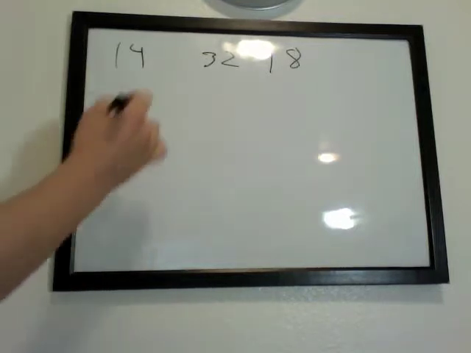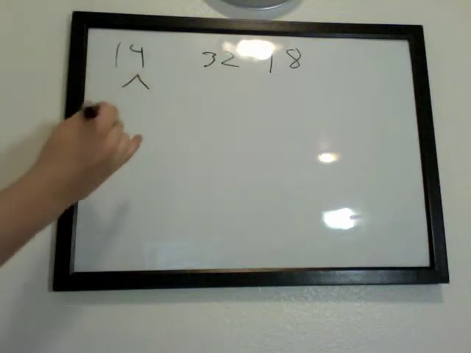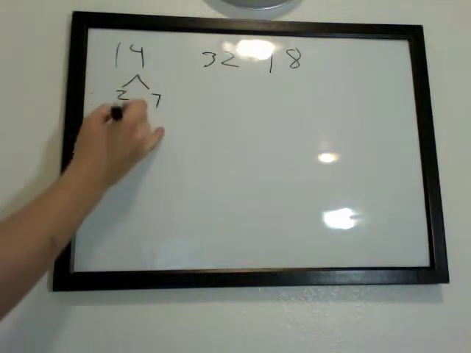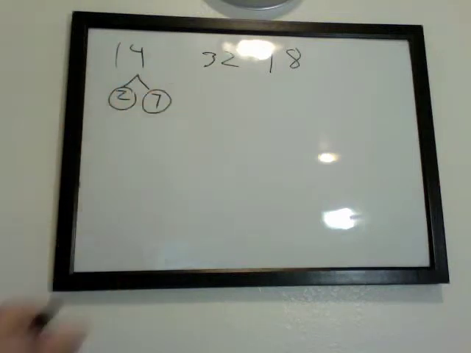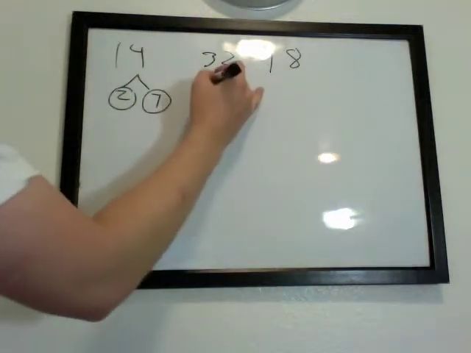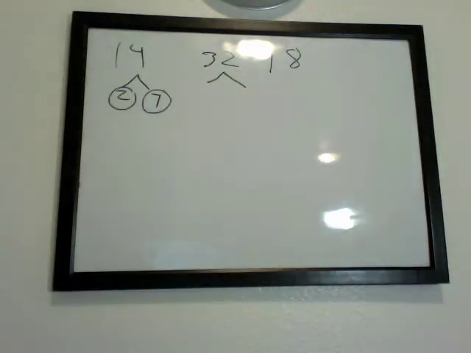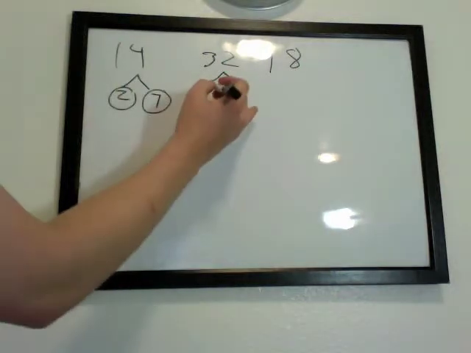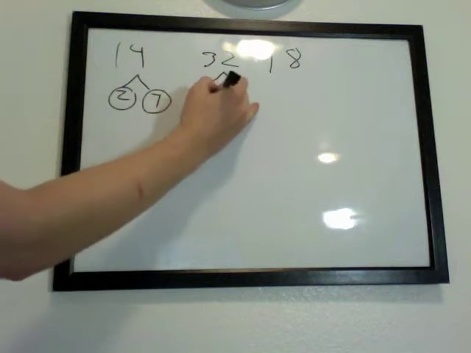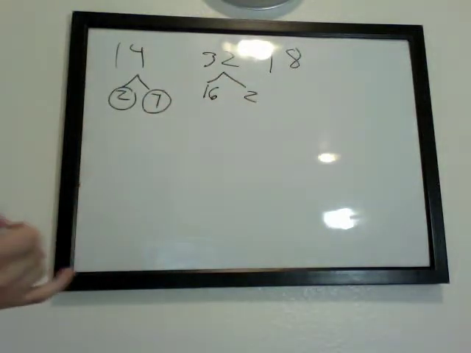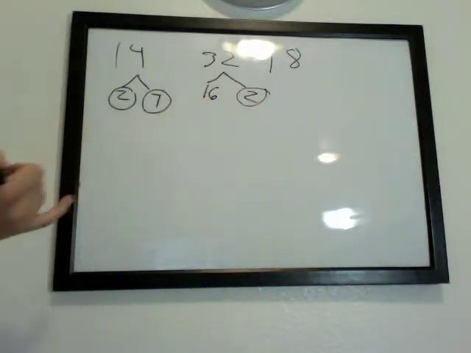Tree method, break this apart. 14 is 2 and 7. 2 is a prime, 7 is a prime. 32 we can break apart. Do 16 and 2. 2 is a prime.